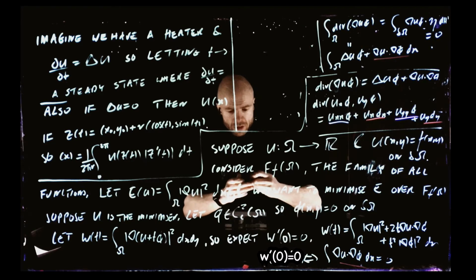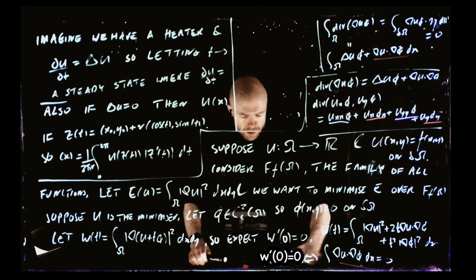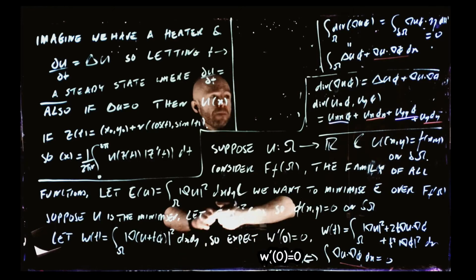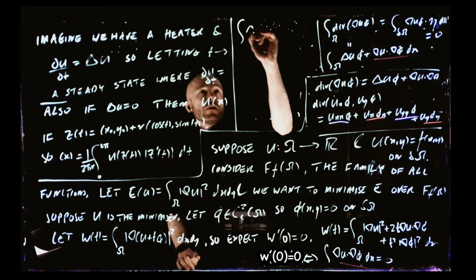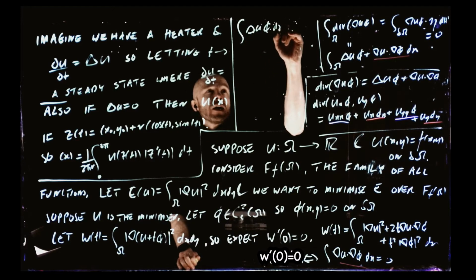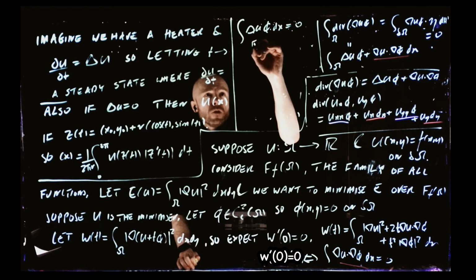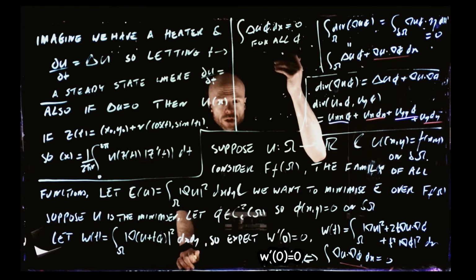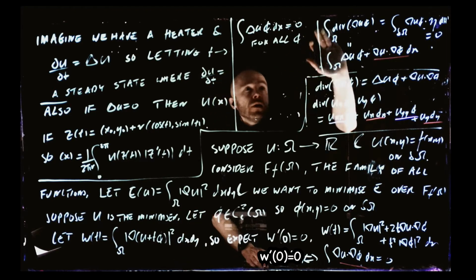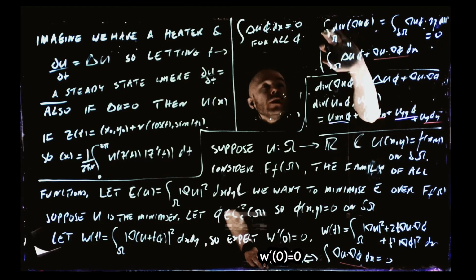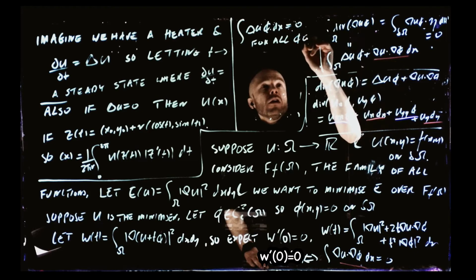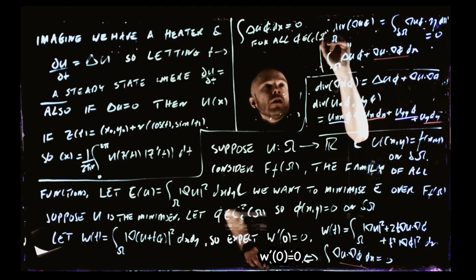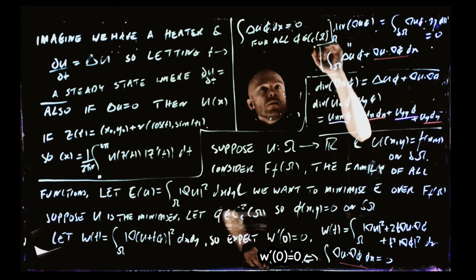So this thing and this thing imply that the integral of this times phi dx is equal to 0 for all phi, which are compactly supported and smooth inside of omega. Okay?